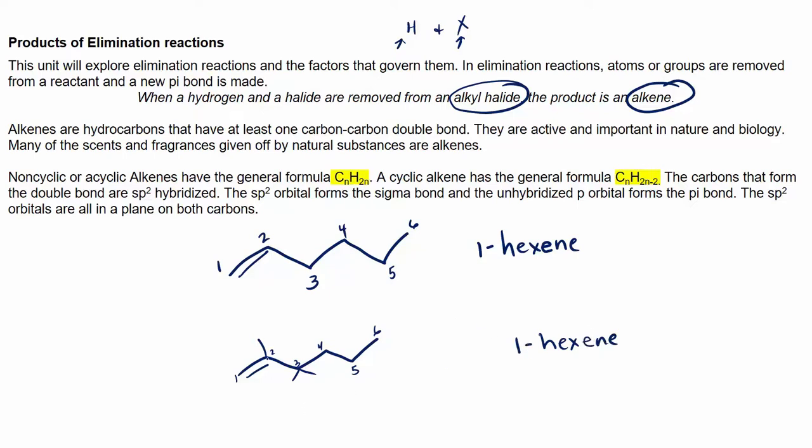Now I'm going to talk about my substituents. Here, all three of them are methyl groups. So this would be a 2,3,3-trimethyl-1-hexene. So you see the names shake out an awful lot like an alkane, but this time we have to give that double bond an address.